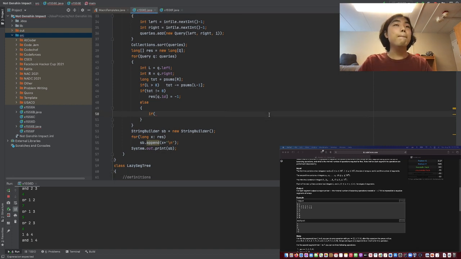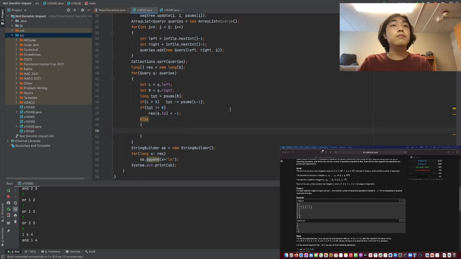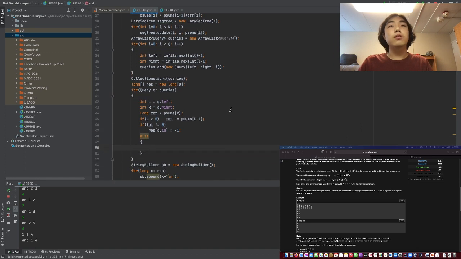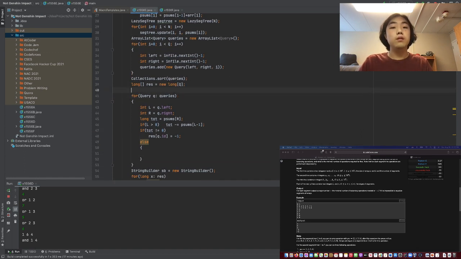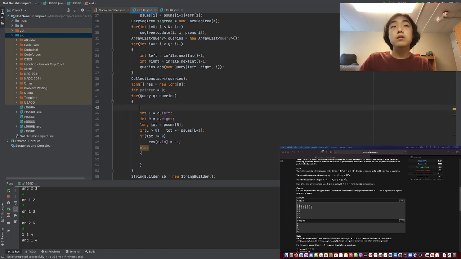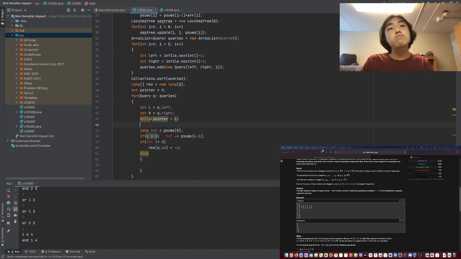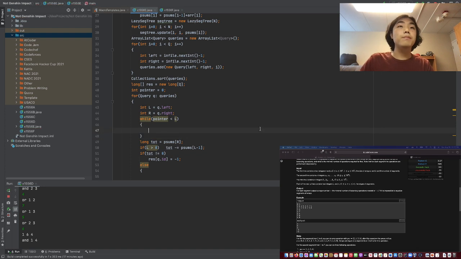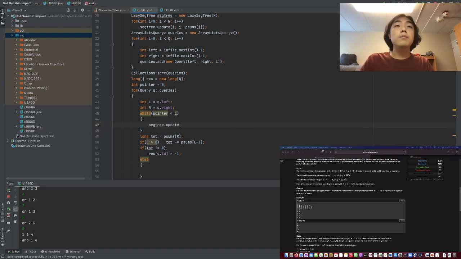Otherwise, we need to, yeah, these queries are already sorted, so int pointer is equal to 0. While pointer is less than L, then seg tree.update. What do we want to update them as?